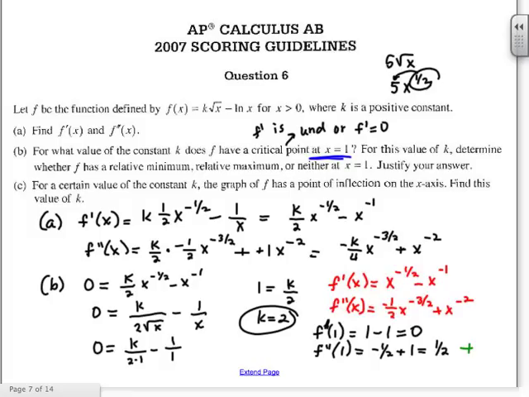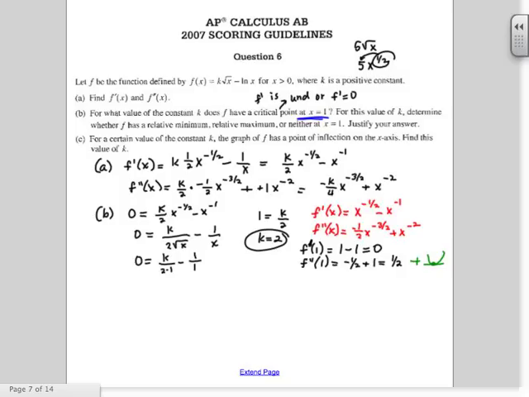So if it's positive, that's concave up, and f prime is equal to 0, you have a minimum. So always be specific: f has a relative minimum, or local min, at x equals 1 by what we call the second derivative test.